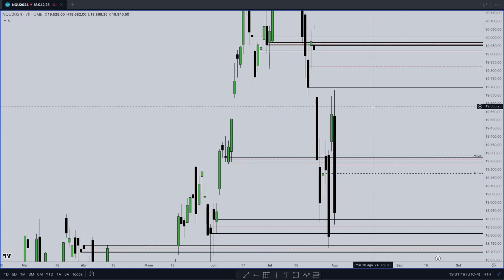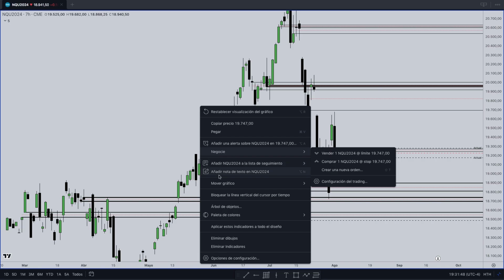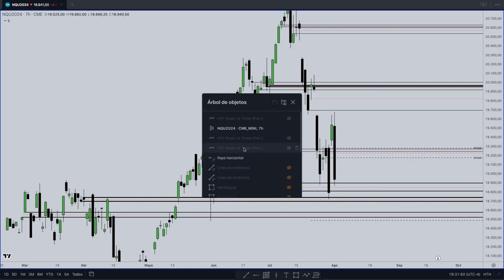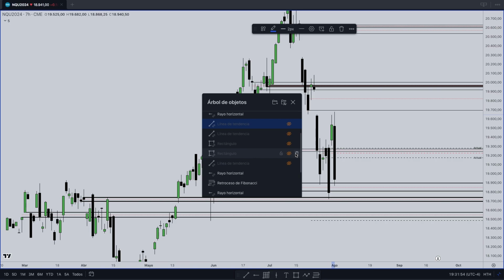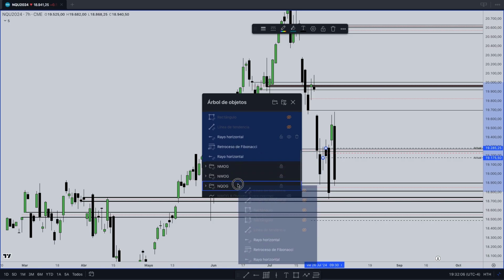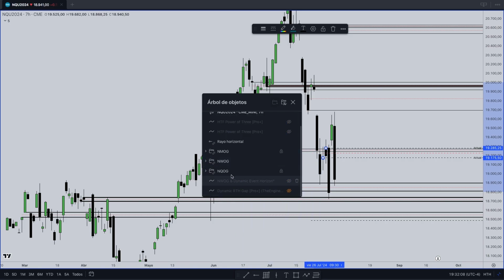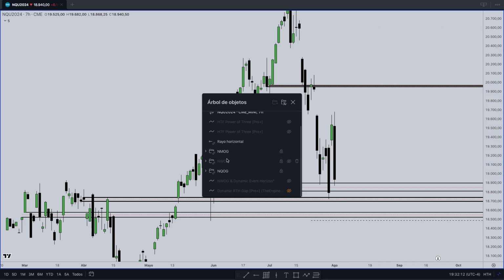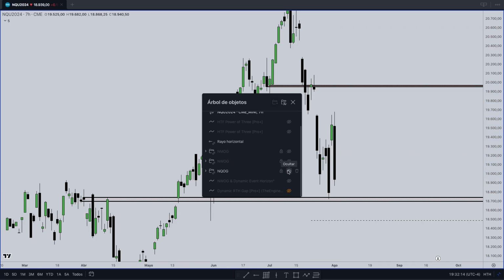7 hour chart. This is from, I will take all these lines, and I will place it inside of my new week opening gap here. Take it off. I don't want to see anything.